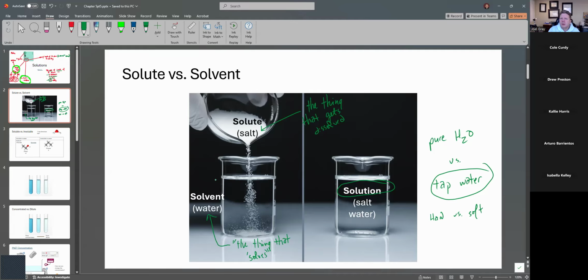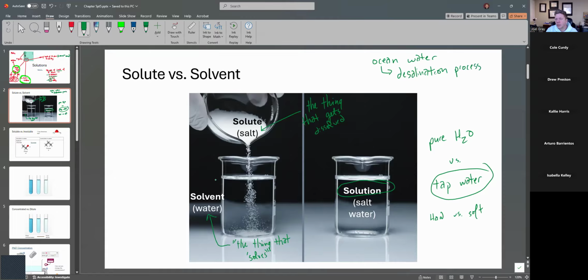Whereas if you got ocean water, you can't drink ocean water. There's too much salt in there. But there are some places in the world where they reclaim ocean water and put it through a desalination plant or a desalination process.